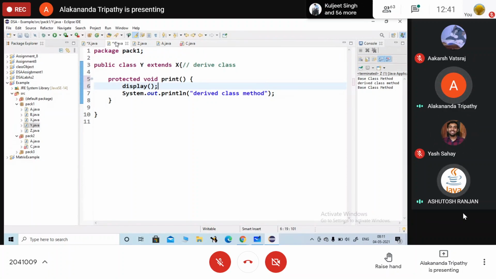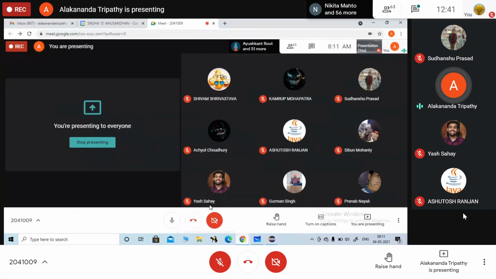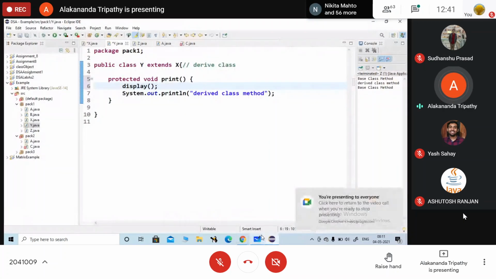Protected, or default, or public. If a method or a variable is declared as private in the base class, it cannot be accessed in the derived class. Will everyone remember? Yes, ma'am. It's one of the most important points. If it is private, we cannot use it in the derived class.